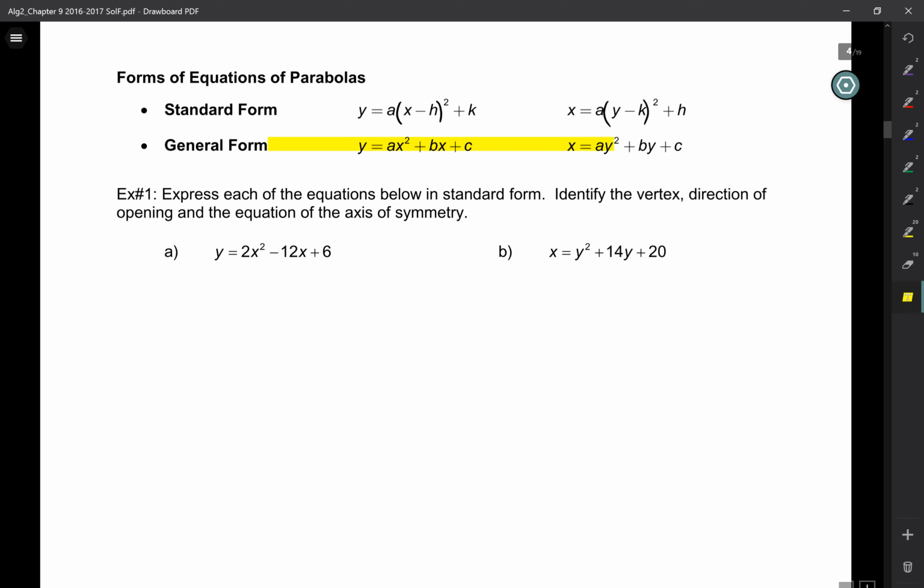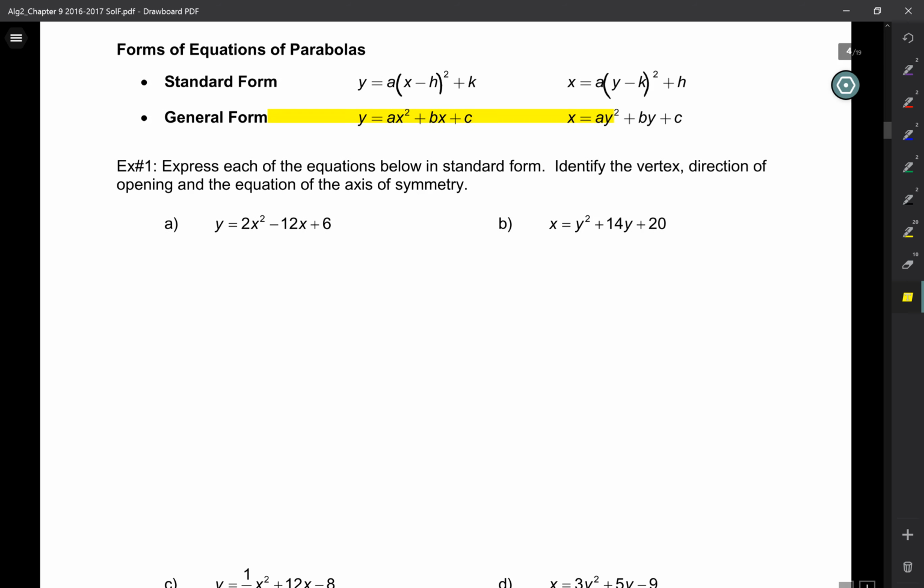So here we're going to call that standard form, the way it's written on top. Do you remember completing the square? Yes? A little? That's what we're going to have to do here, is completing the square, except before we did everything on two sides. Now we're going to do it on one side.